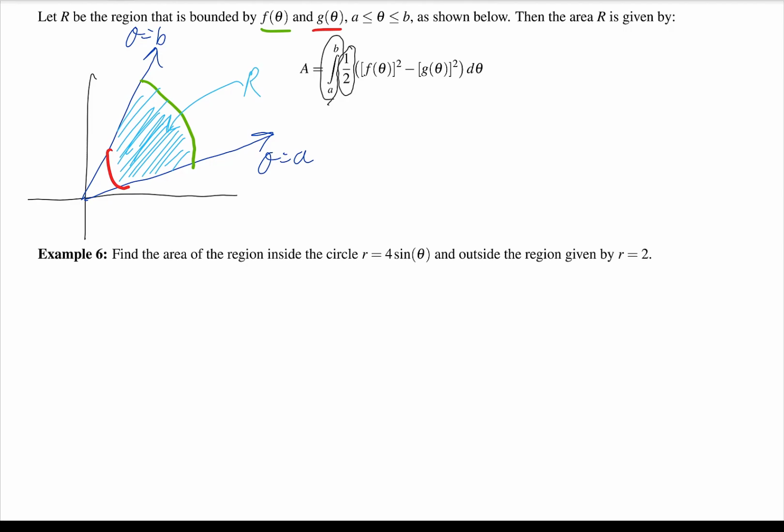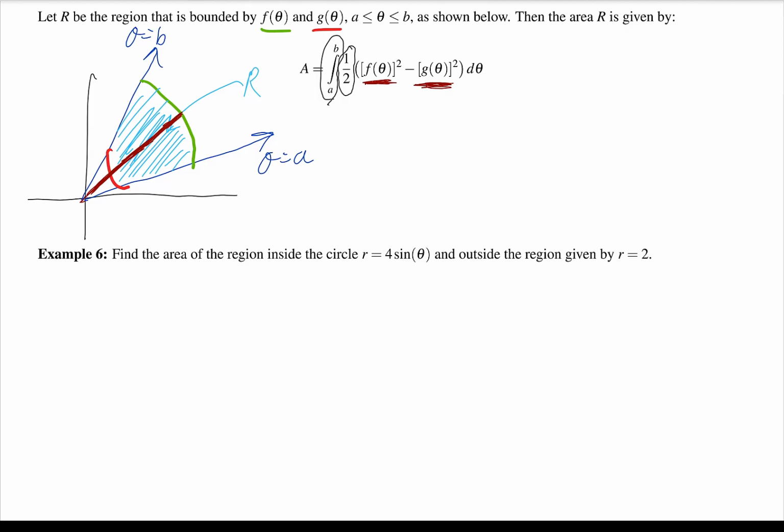But instead of r squared, what you're going to be looking at is the function with the bigger radius. Notice, if I take a line right here, the green function is further from the origin. So whichever one is further from the origin, that one will come first, and you'll square it. And then you'll do minus the other one and square that. Okay?